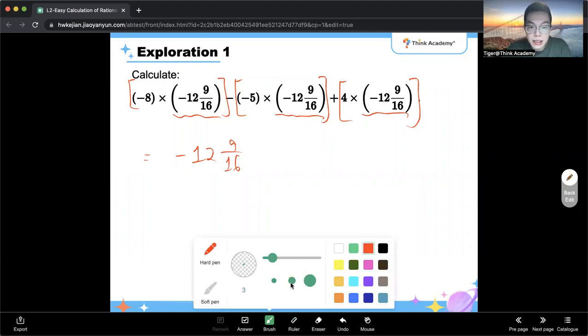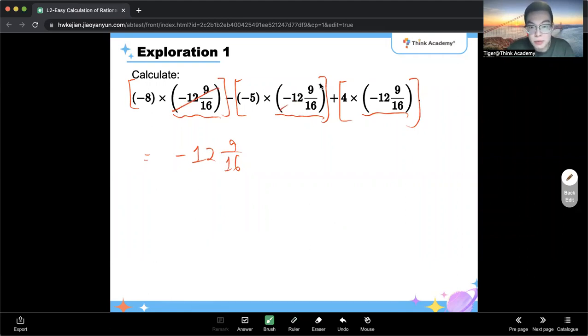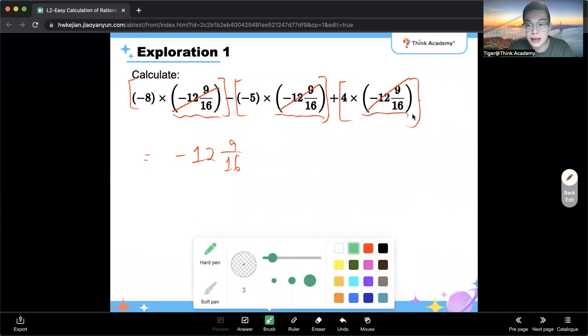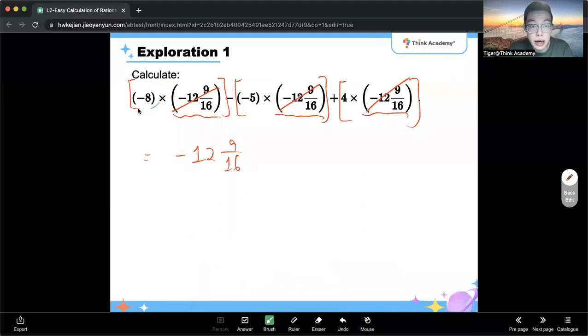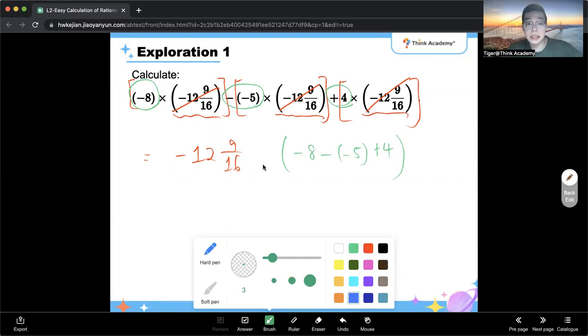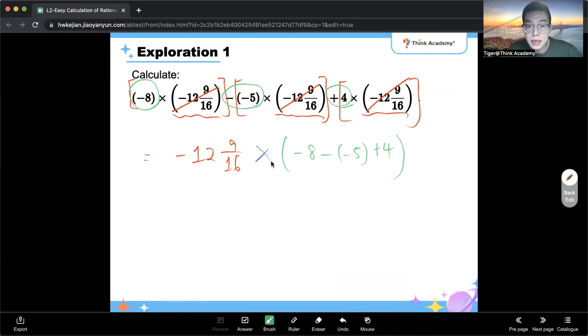After we have written down the common multipliers, the next thing you do is to write down anything that is remaining, including the numbers and addition or subtraction, and write them in brackets. So we have minus 8, take away minus 5, adding 4 in brackets. And the final step, the third step, is to multiply them together. And that's how you can complete the calculation.